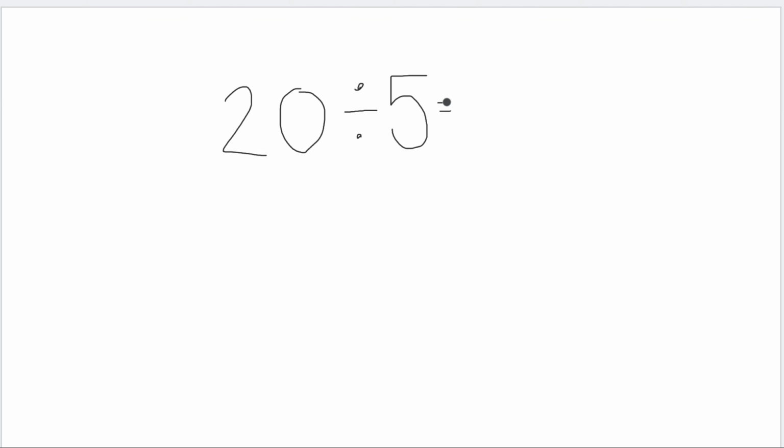So in your head, you want to be thinking, okay, 5 times what number equals 20? Go ahead, think to yourself, 5 times what number equals 20? Well, I know that 5 times 4 equals 20. So 20 divided by 5 is 4.